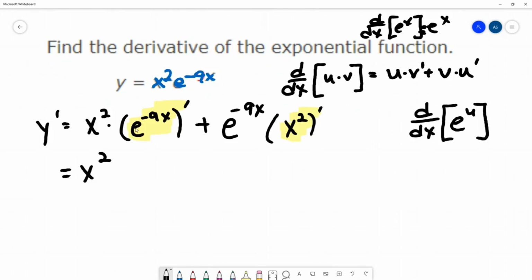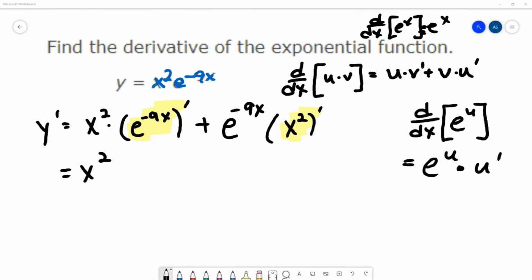But I'm doing e to something other than x. So e to something other than x, the rule looks like this. Derivative of e to the u is e to the u, and I need to chain by multiplying by the derivative of the exponent, the derivative of what's in that exponent, or the inside.